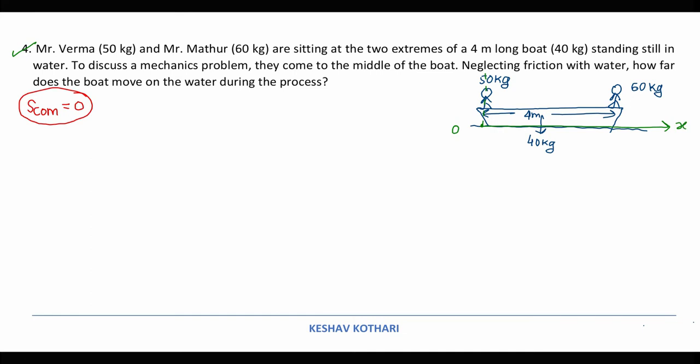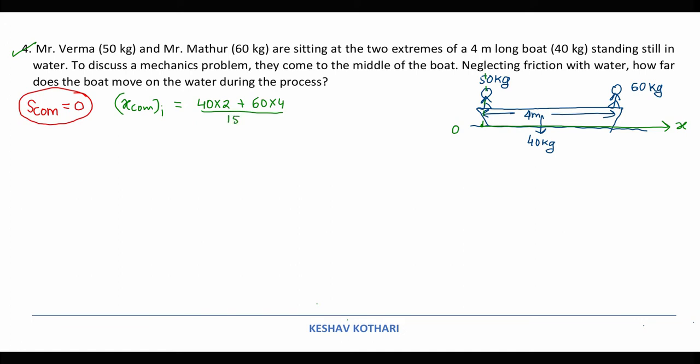If I locate the initial position of center of mass along the x-axis direction, it can be evaluated as 40 into 2 plus 60 into 4 upon total mass. The contribution of Mr. Verma, that is 50 kg, will be 0 because he is standing at origin, and the total mass of the system is equal to 150 kg.